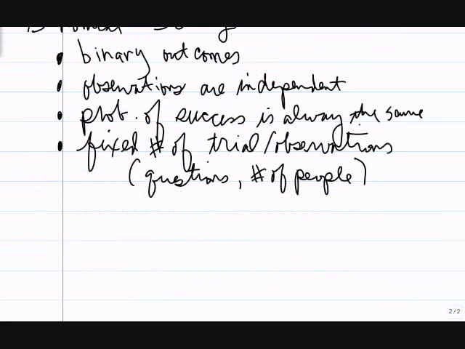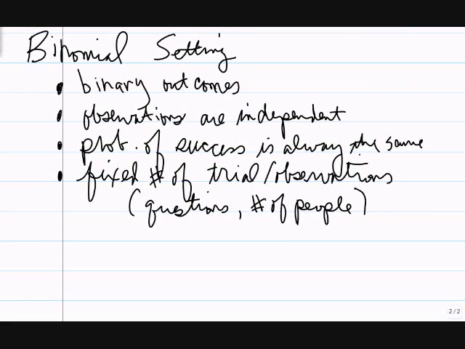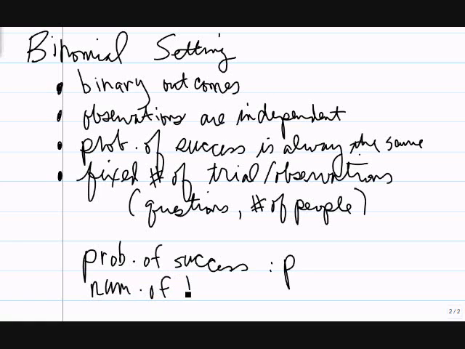If you meet all those, you don't have to write down every single way you could get C's and W's. You can use the formula for a binomial. If I'm in a binomial setting and I want to figure out probabilities, I need to know 2 things. First, I need to know the probability of success, and we call that little p. And I need to know the number of trials, and we call that number n.